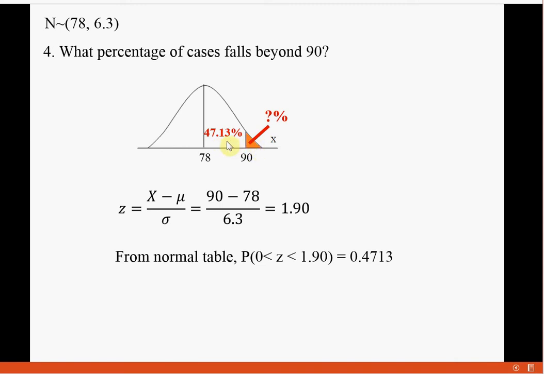But we know the size of this slice will help us to determine the size of the corner. So that's the key. This is not a value we wanted, but to get what we wanted, we need this value. The whole half is 50%. The 50% minus this is the size of the corner.